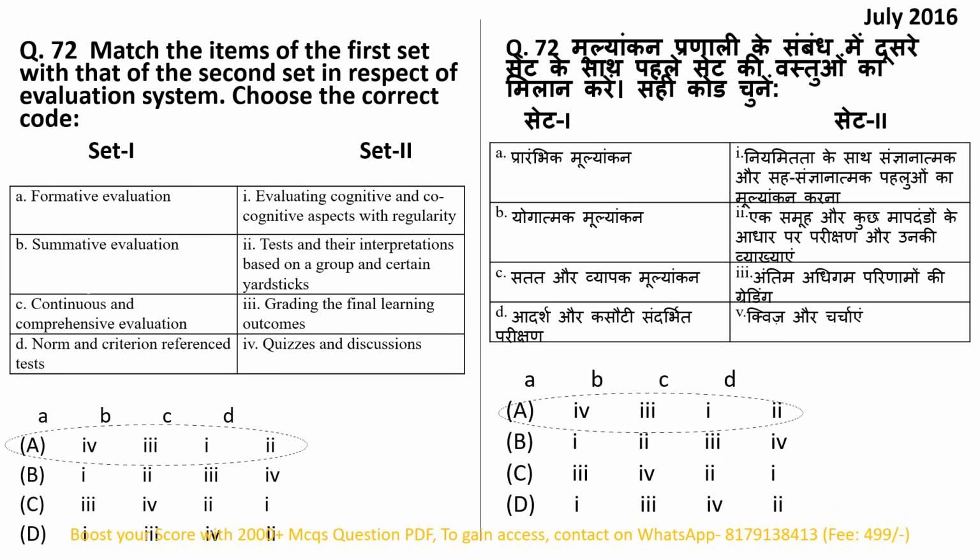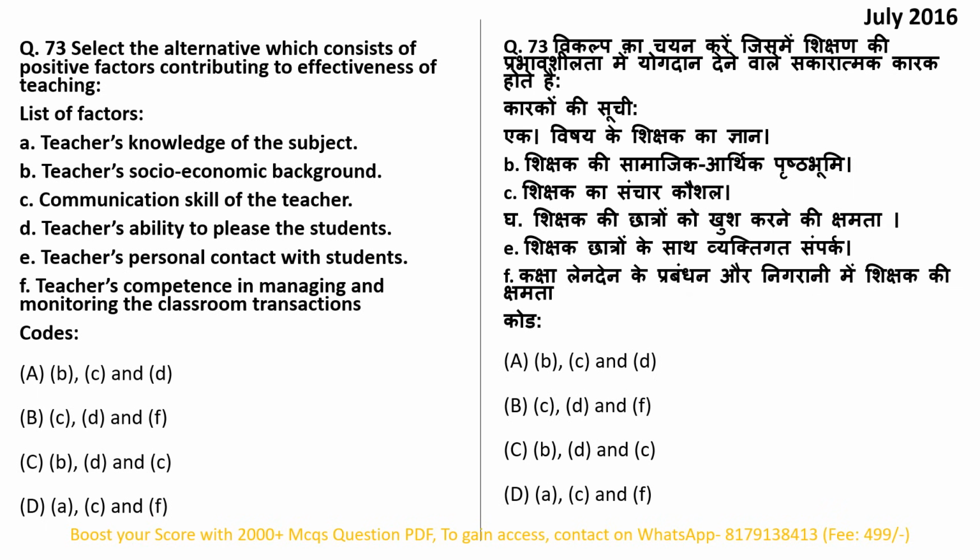CCE is evaluative, cognitive, and co-cognitive. Cognitive means academic, and co-cognitive is other aspects, co-curricular activities as well. Norm and criteria reference test is a test and its interpretation based on group and certain yardstick. So here is the answer.